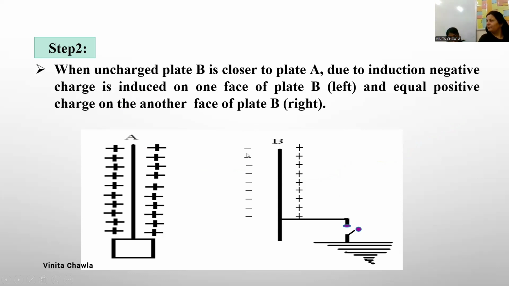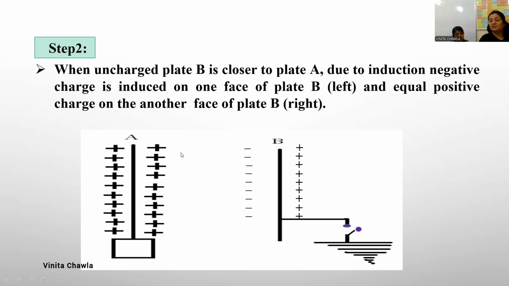See, this negative plate is closer to this positive plate. On the other hand, this positive plate is at a distance. So this is reducing the potential while positive is increasing the potential. So overall there will be decrease in potential because it is closer, so it is more effective. Are you getting what I'm saying? Yes. Because this plate is closer, so it is more effective.